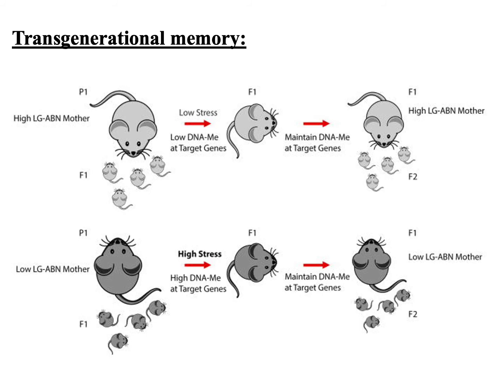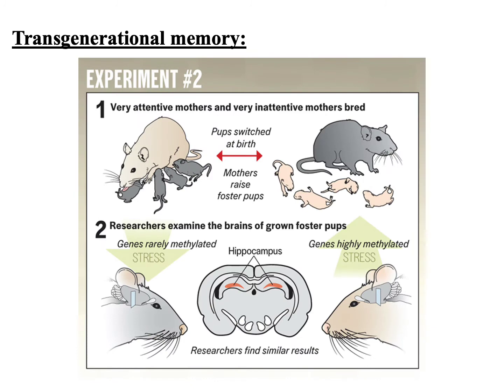And again, low stress was due to mothers that were being attentive. High stress circumstances or situations were mothers that were unattentive or inattentive to their pups. It turns out that these modifications that were identified in the two situations were maintained into the next generation.